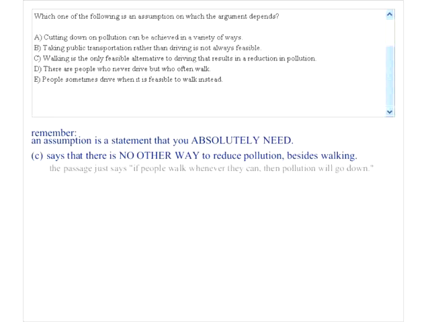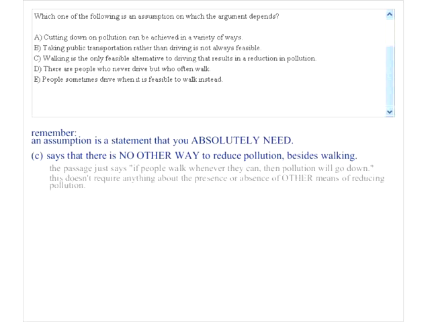Right? This doesn't require other means of pollution to be absent. This is just talking about what happens if people do walk. This doesn't require anything to be true in the case that people don't walk. So this doesn't require anything about the presence or absence of other means of reducing pollution.